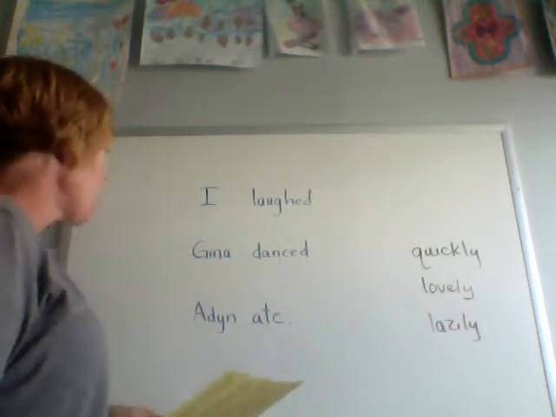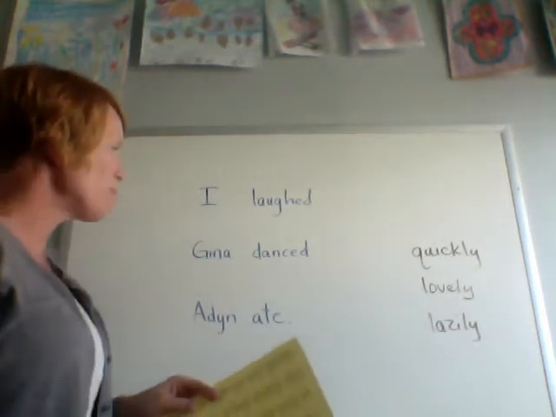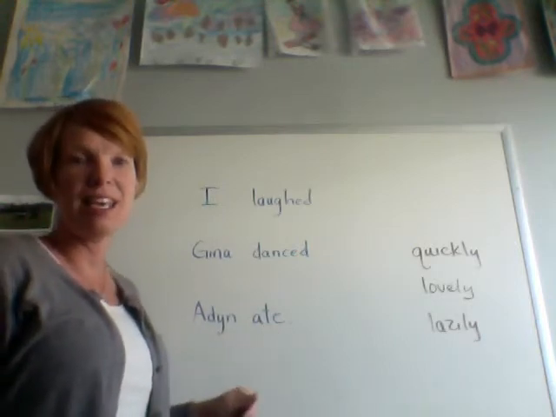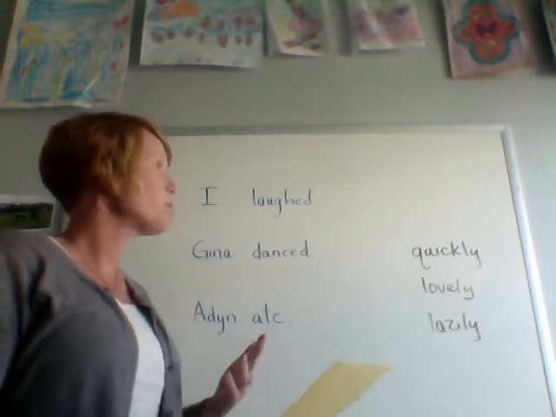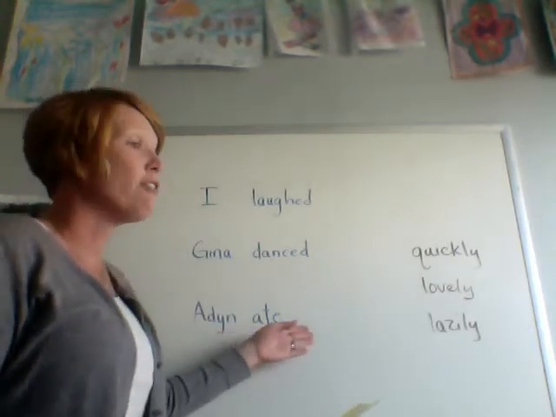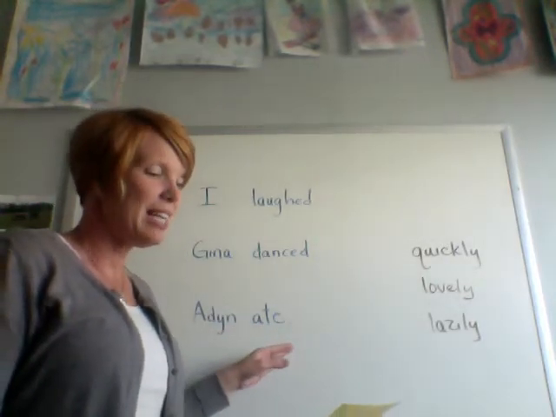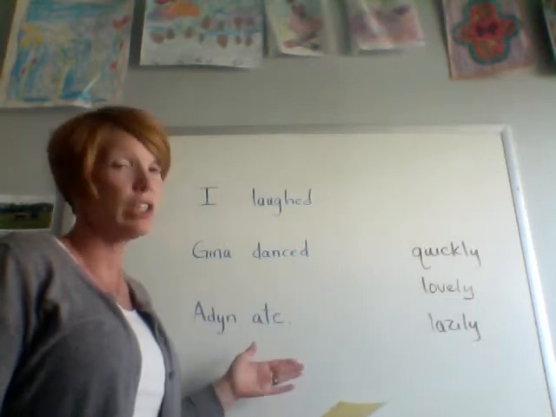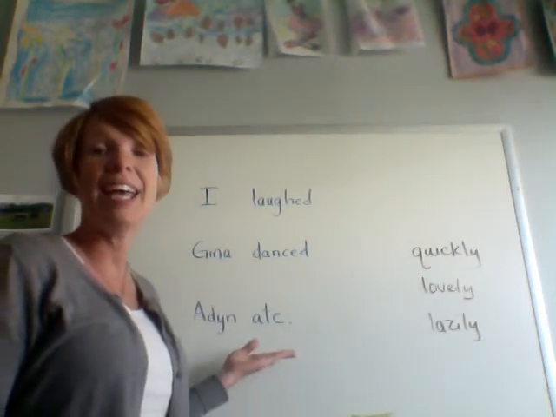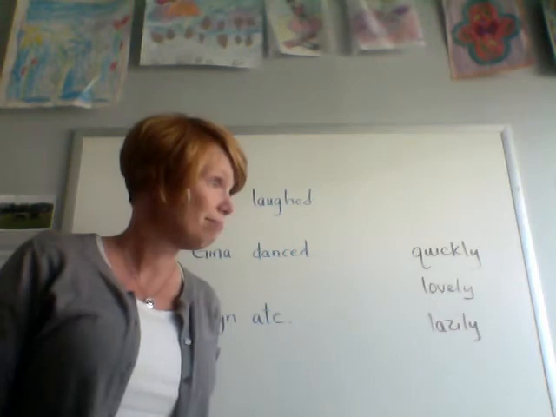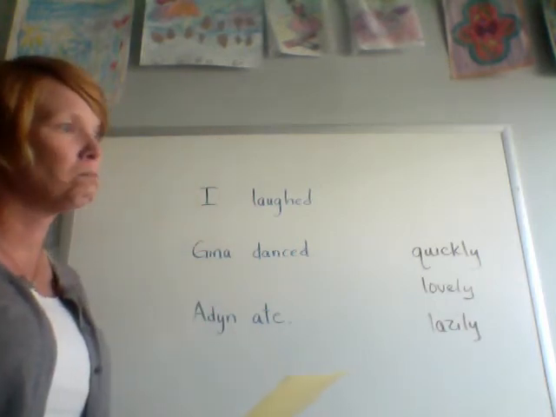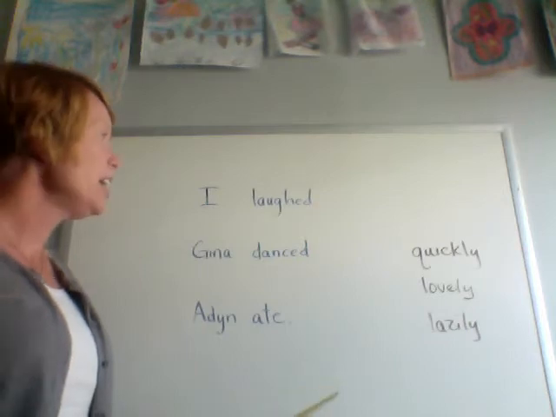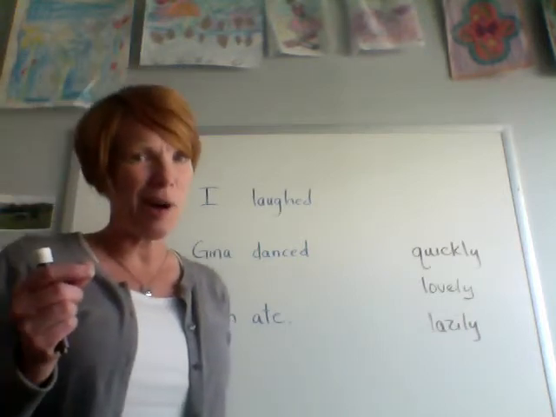All of these are ly words that make your verb even more interesting. Okay? It's a big difference between eating ferociously and eating slowly. Aiden ate joyfully. Gina danced sadly. All right? So hold on to these ly adverbs.